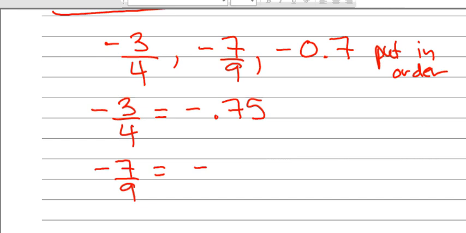Now when I'm putting this in my calculator, I'm getting a bunch of 7s and an 8. So I'm glad I did something like that. So it's negative 0.777. I mean, the 7s go on, and then there's an 8. They round it for you at the end.